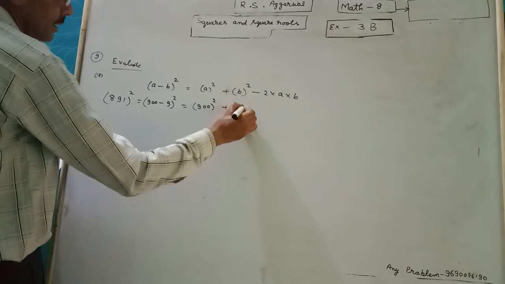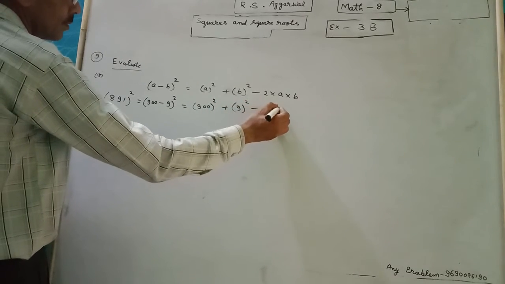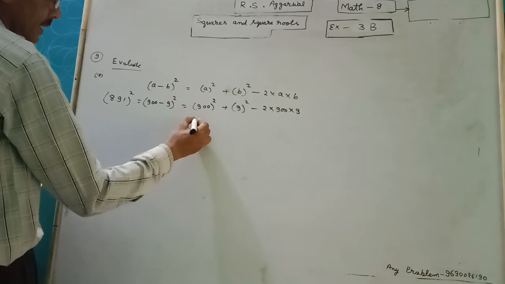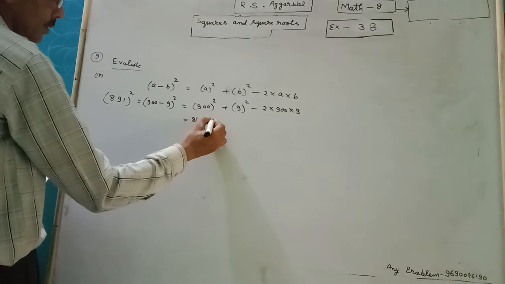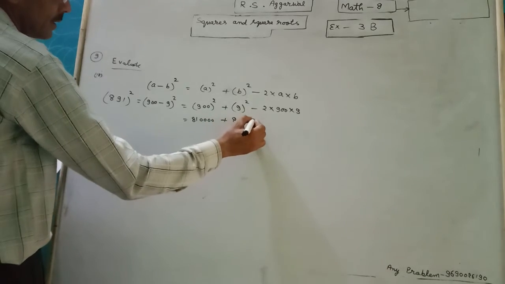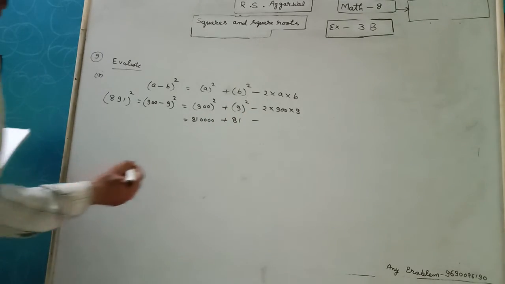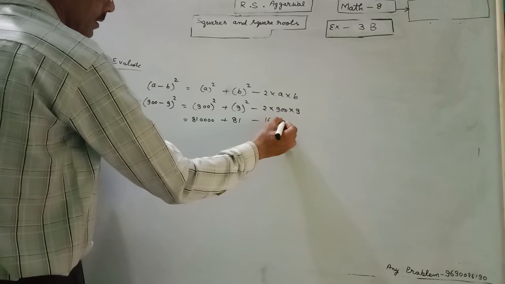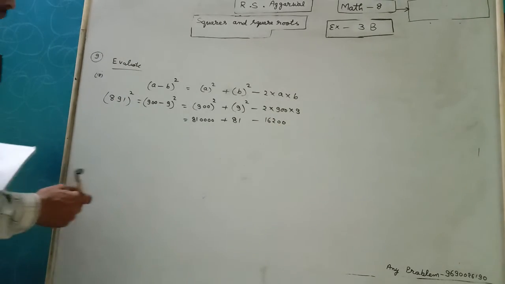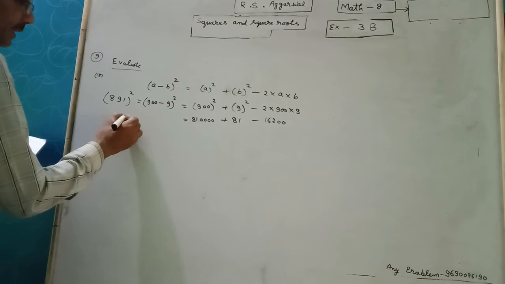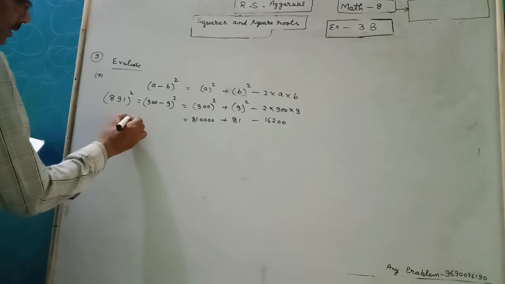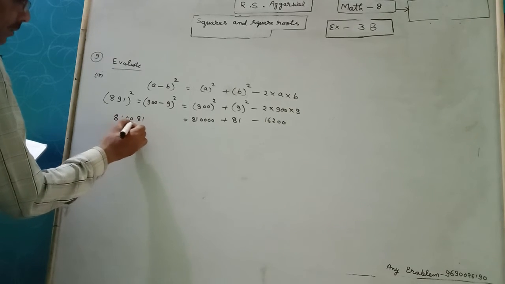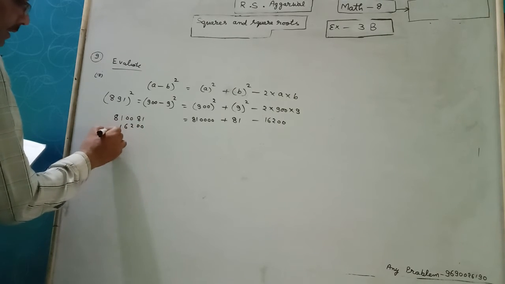Plus 9 square minus 2 into 900 into 9. 9 square is 81, with zeros, plus 81, minus 2 into 900 into 9, 16200.